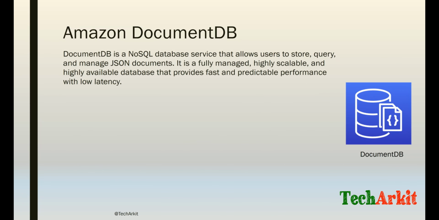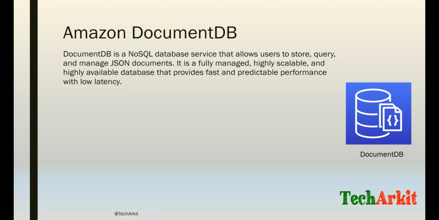Now, Amazon DocumentDB. DocumentDB is a NoSQL database service that allows users to store and query JSON documents. For example, you just throw a JSON file into this database, and it can be stored.